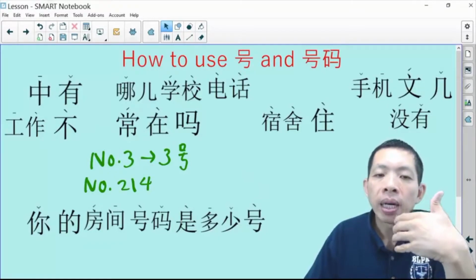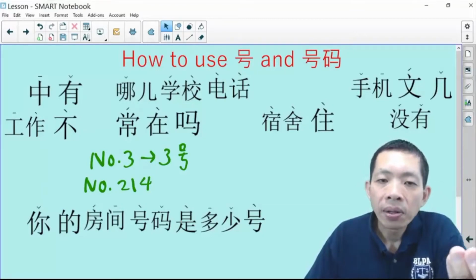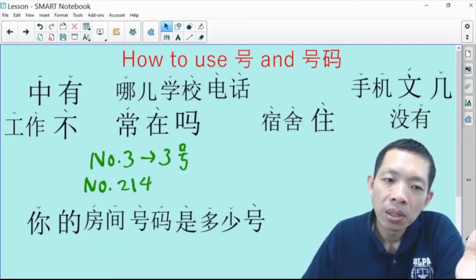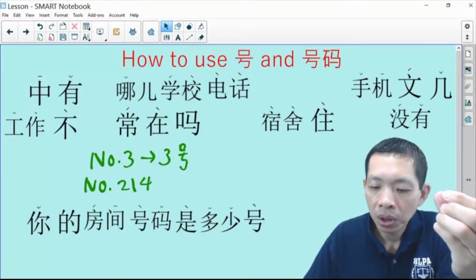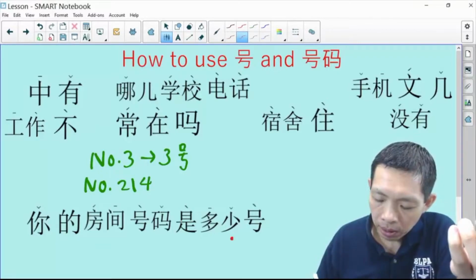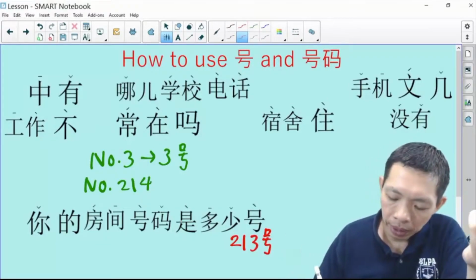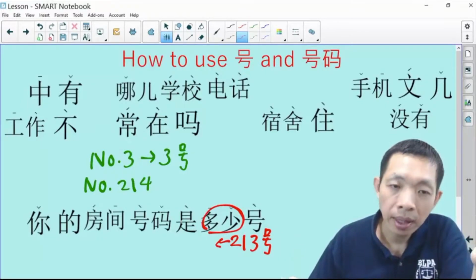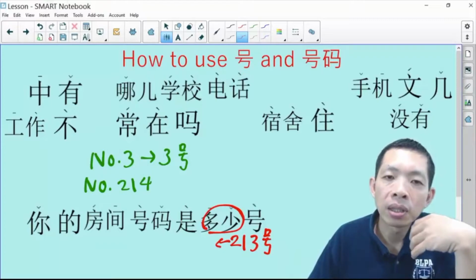The reason we use 号 there is because when you answer the question, you will say 我的房间号码是213号. So you replace it; it's actually 213号. So 我的房间号码是213号.